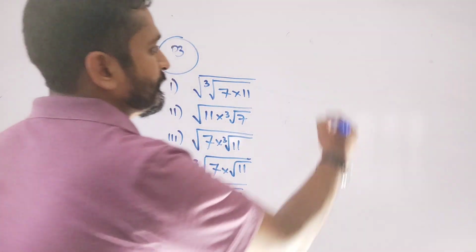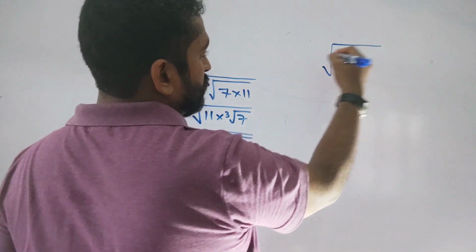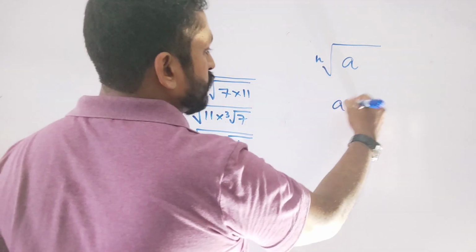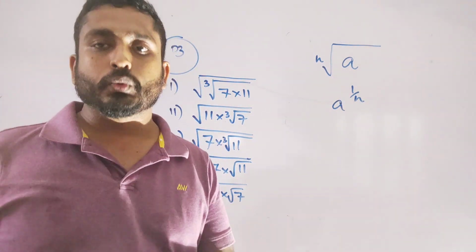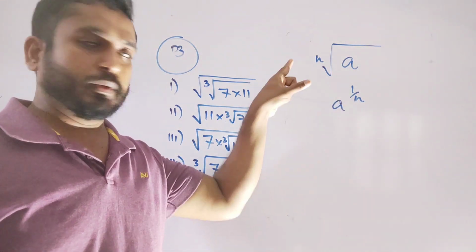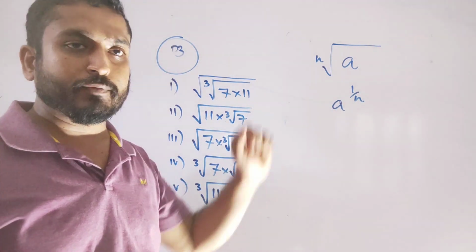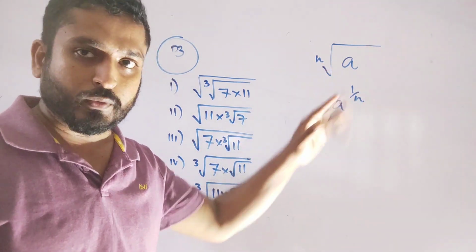Likewise, the nth root of a is a to the power 1 upon n. Here n is a positive integer. If it is 2, the power is 1 over 2. 3, 1 over 3. 10, 1 over 10, likewise, right?